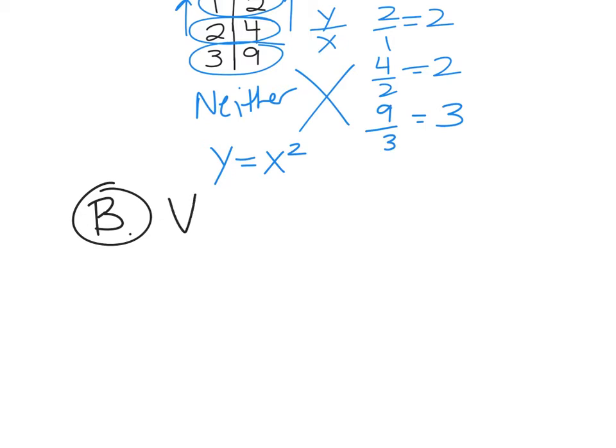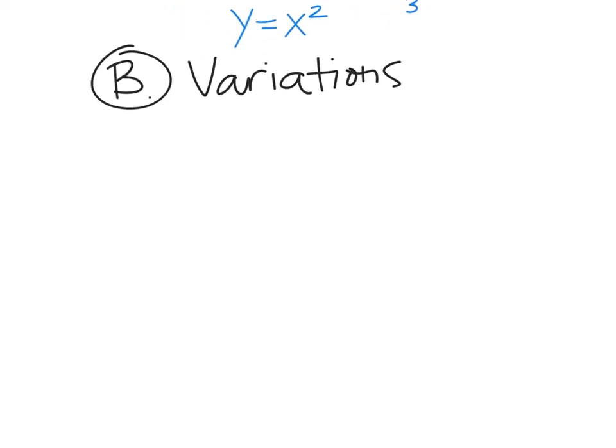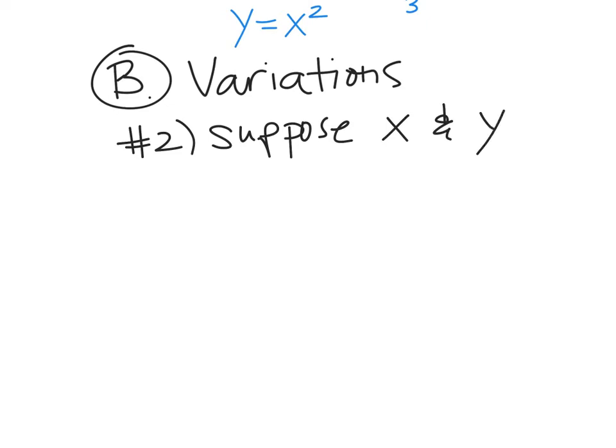Okay, here we go. Now we're going to do some variations. Number 2. This is what they're going to do. They're going to say, suppose that x and y vary inversely.